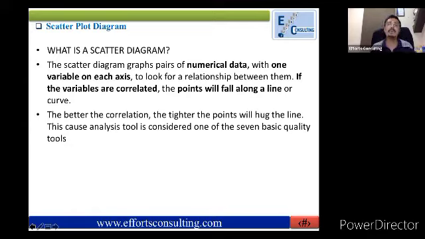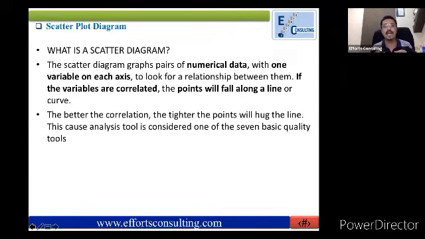A scatter diagram is for one parameter. If you have a number of parameters, then you have multiple regression analysis. That we will learn in the next session when we introduce Minitab, and we'll do it through Minitab. But today, we are assuming one dependent parameter and one independent parameter impacting it.